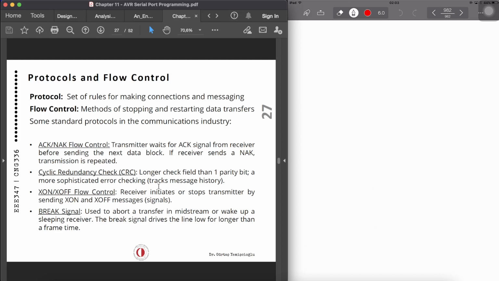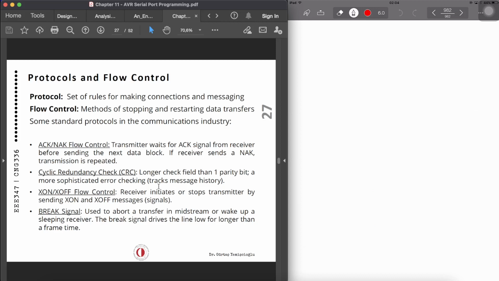So we have to control how the data is going to be transferred. There's acknowledgement flow control. At this point, the transmitter waits for the acknowledgement signal from the receiver before sending the next data, because the receiver needs to say, okay, I have received the data, I'm ready for the next one. This is one of those.